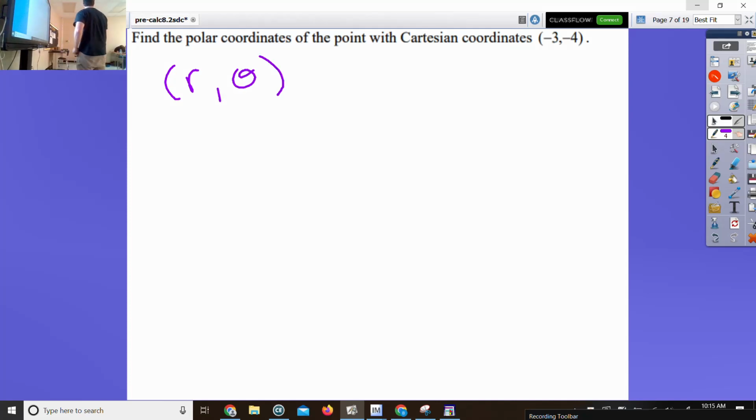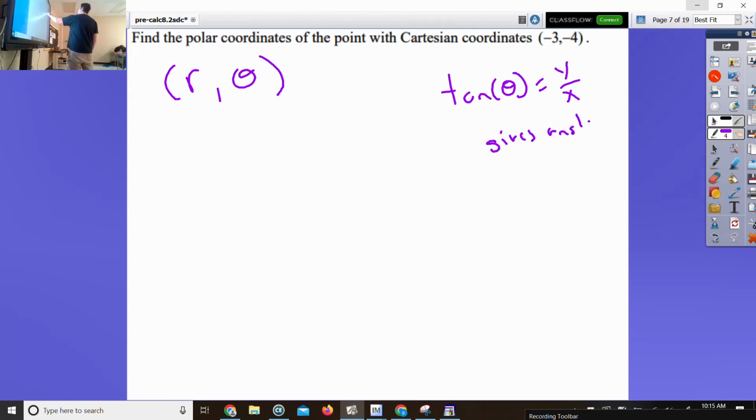So you have this little line that says the tangent of something is y over x. Guess what that gives you? That gives you an angle. And you also have x squared plus y squared equals r squared. What does that give? That gives r.